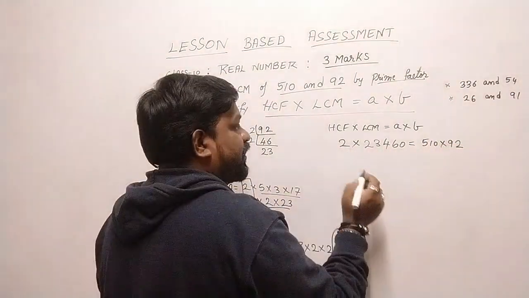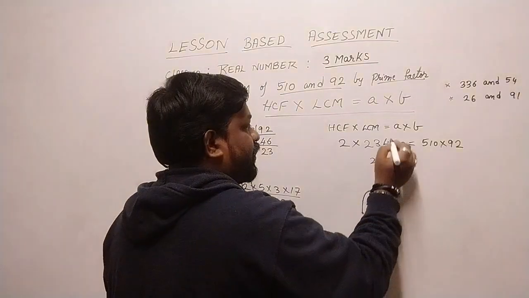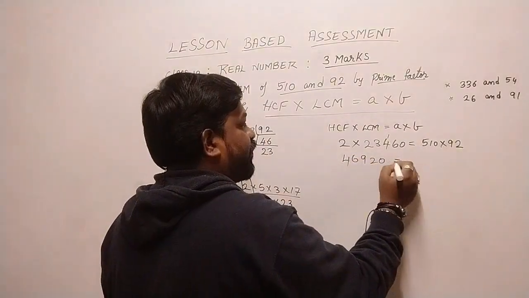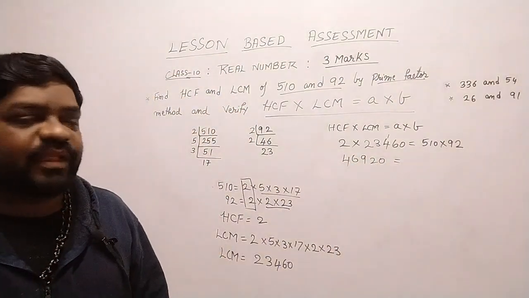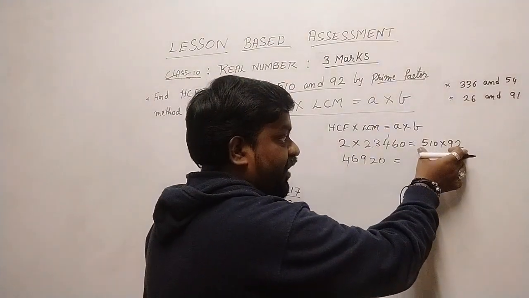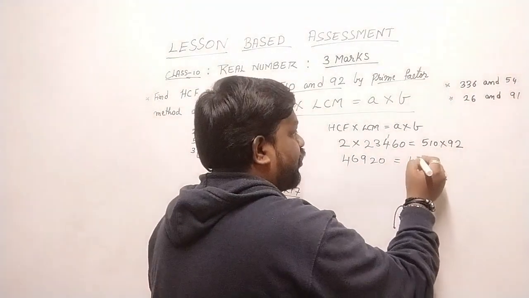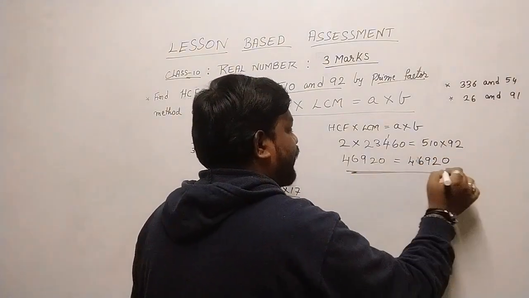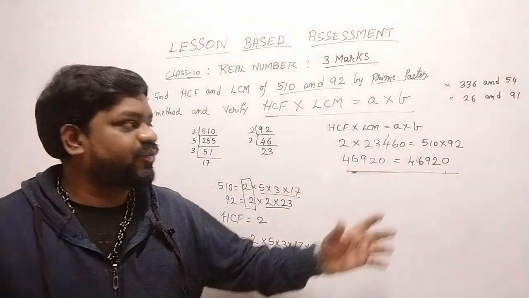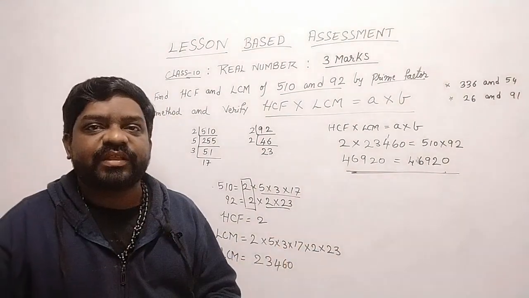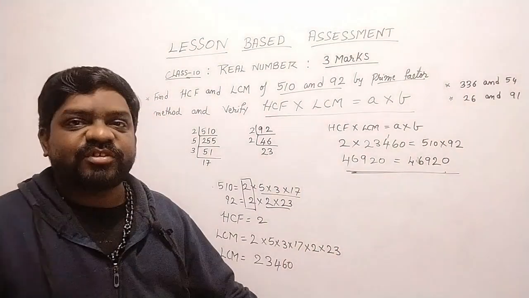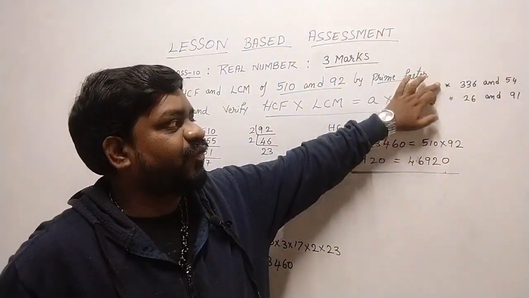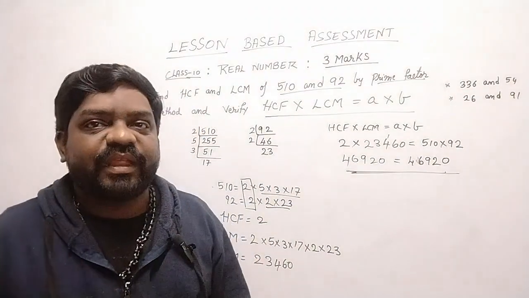Now if we multiply these two numbers, we will be getting 46,920. And if you multiply 510 and 92 also, you will be getting 46,920. If LHS and RHS are equal, which means the answer we have obtained is correct. So follow the same steps and solve two more questions, that is 336 and 54, and 26 and 91.